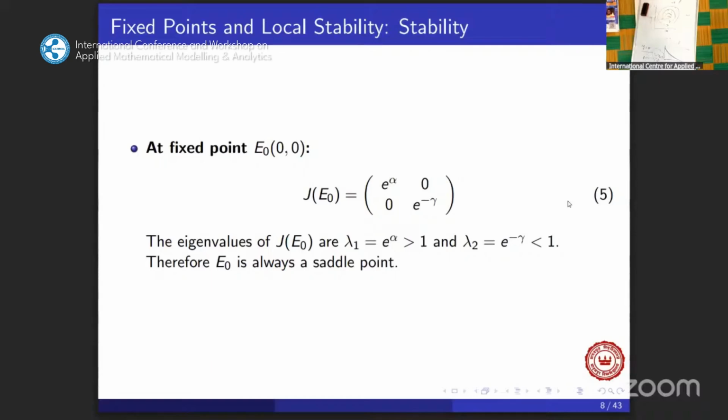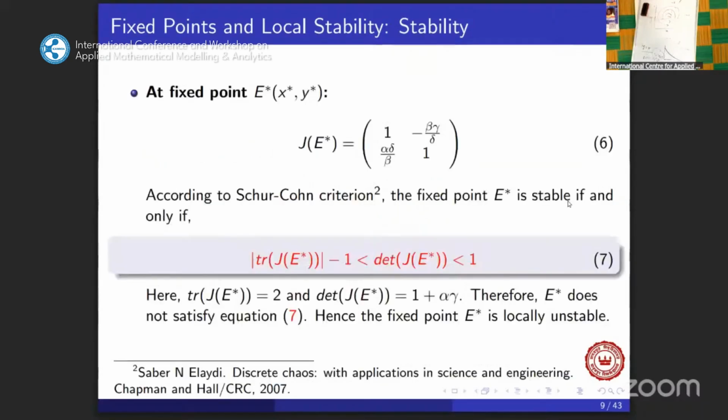Next slide. At the interior equilibrium point, we want to find whether the interior equilibrium point is stable or not. To find this, we use the Schur-Cohn criteria.